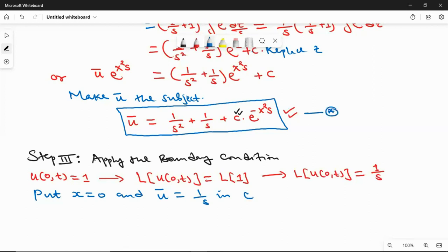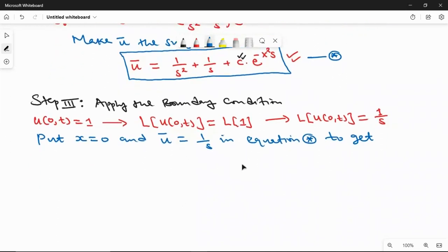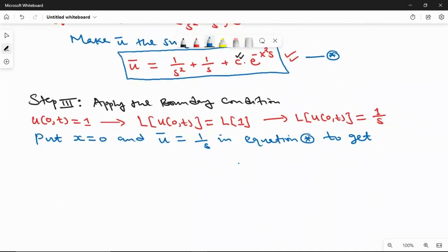So write in equation star to get, let's make those substitutions. So we are going to get 1 over s equals 1 over s squared plus 1 over s plus c times exponential 0.